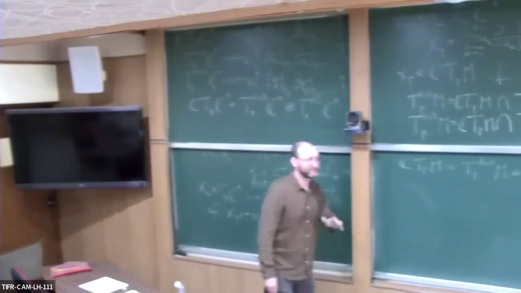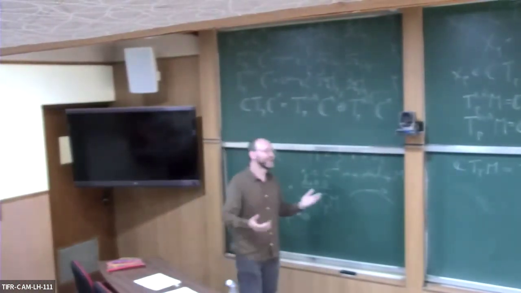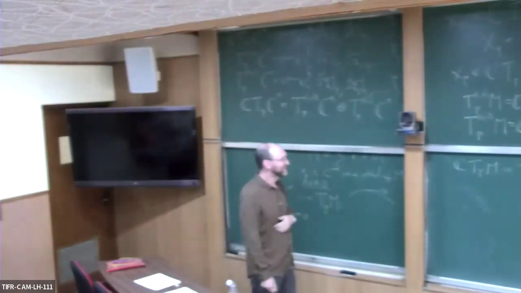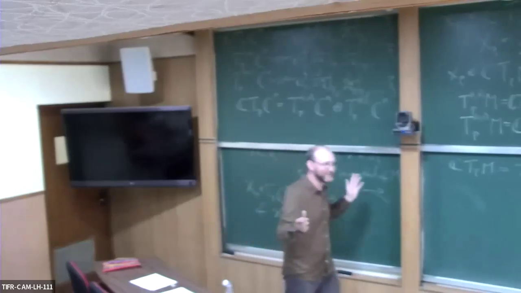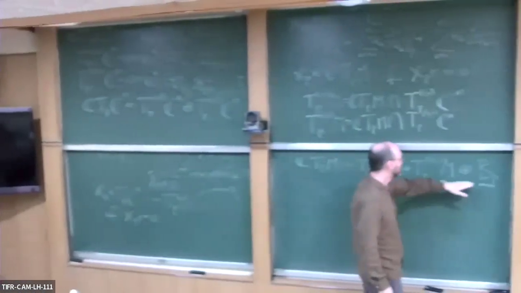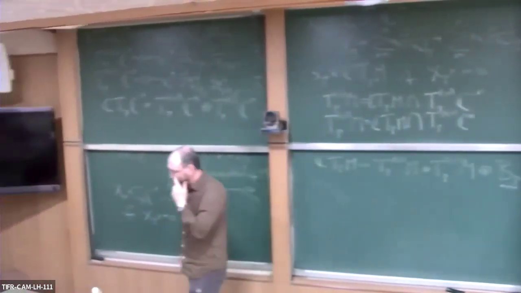For hypersurfaces, I'll say what happens for higher codimension, and then it can be whatever dimension. But for real hypersurfaces, this will always be one dimensional.